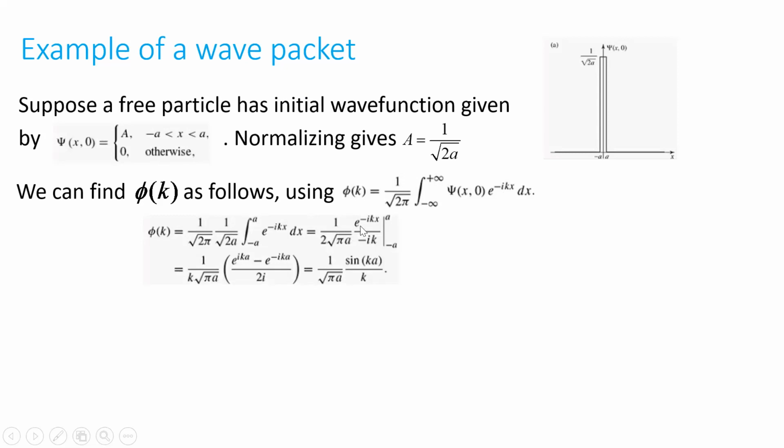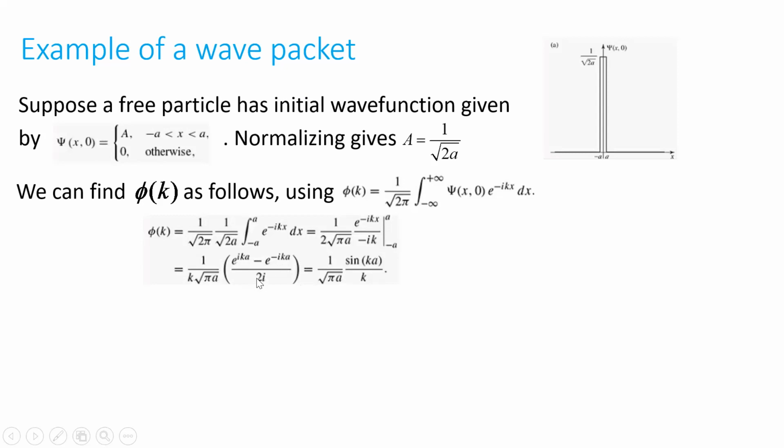Okay, and so combining some terms here, we can do that integral. We just use the power rule, and we get that integral, and we go through the steps here, evaluate it from a to minus a, and we get this expression here, involving the exponential e to the ika minus e to the minus ika over 2i.